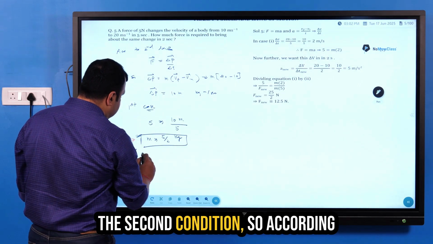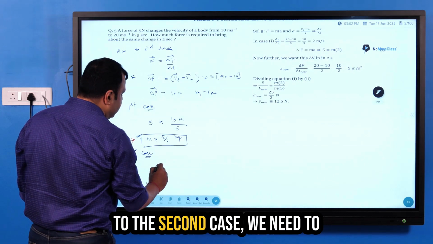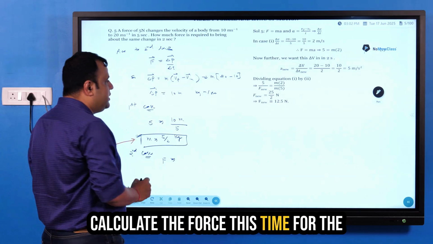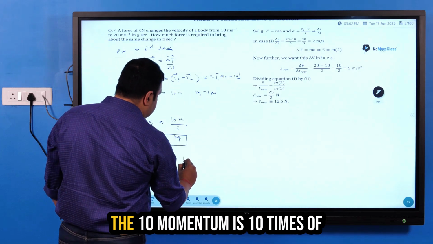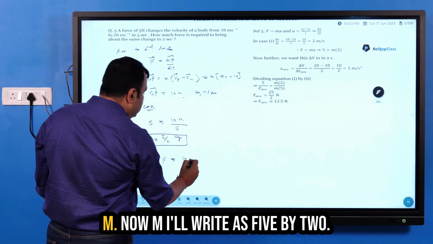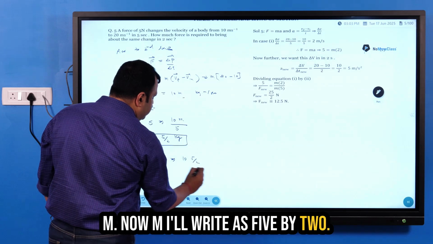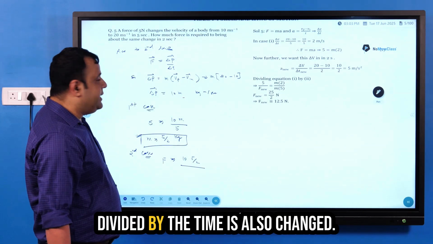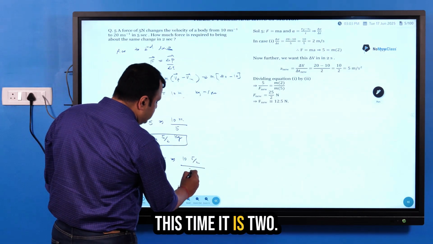In the second condition, according to the second case, we need to calculate the force this time. For the same amount of change in momentum, the change in momentum is 10 times m. Now m I'll write as 5 by 2, divided by the time, which has also changed. This time it is 2.